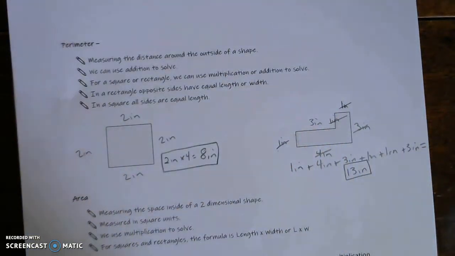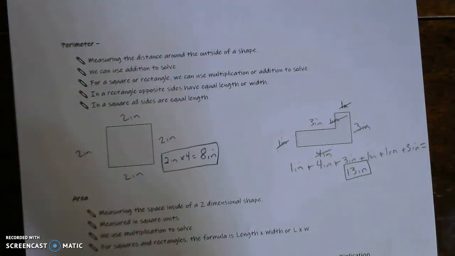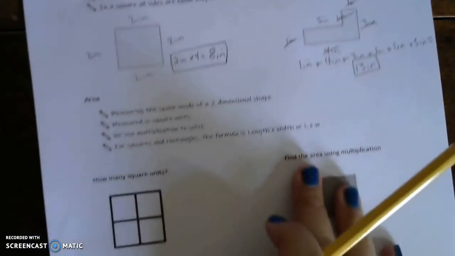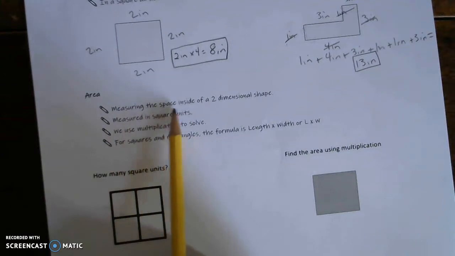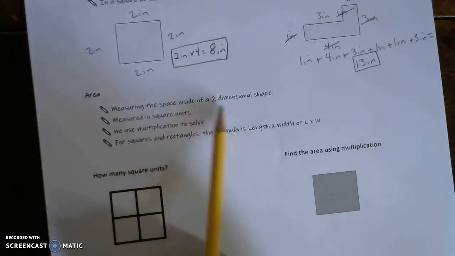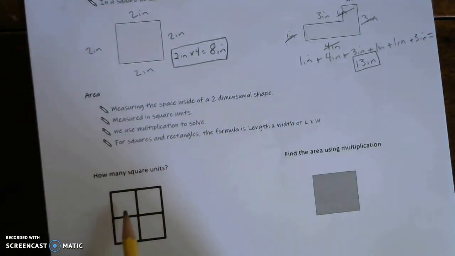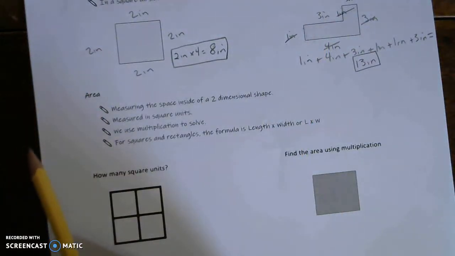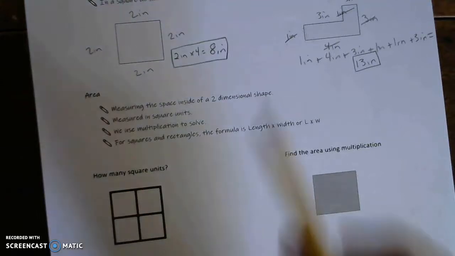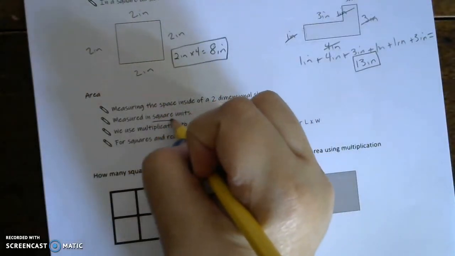Okay? Now area is something different. When we're talking about area, we're going to measure the space inside of a shape. And it's a two-dimensional shape, just like this up here, square, or this irregular shape. Okay, so when we measure area, we're measuring in square units.